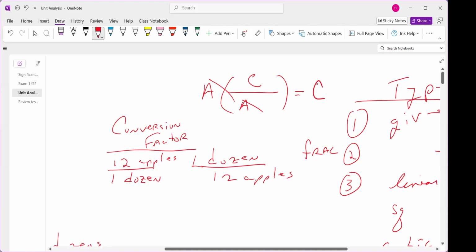Everyone remember that? Does anyone not remember that process? Okay. We're going to be working with a lot of fractions in here because the conversion factors are all fractions, no exception.